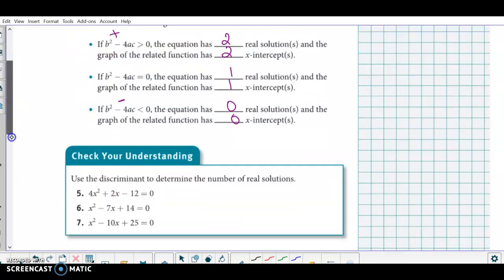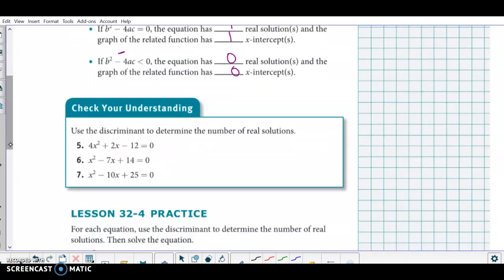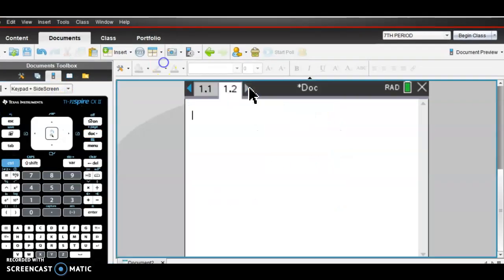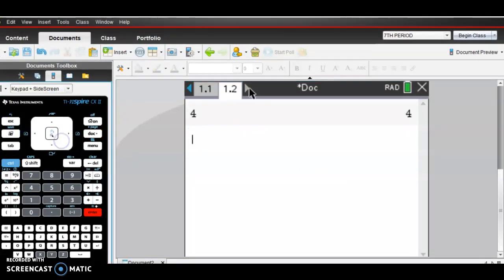So if I come down here to my check for understanding, just for practice, I'm going to do number 5. So a is 4, b is 2, c is negative 12, and again we're putting this into b squared minus 4 times a times c, and you can definitely use your calculator if you want. So 2 squared is 4 minus 4 times a negative 12. 4 minus 4 times, what did we just write?